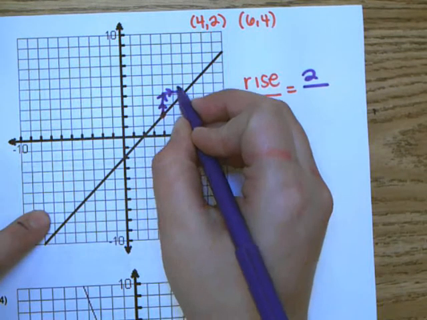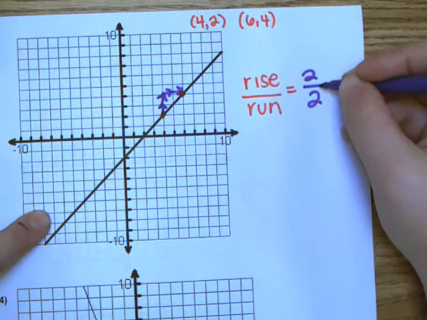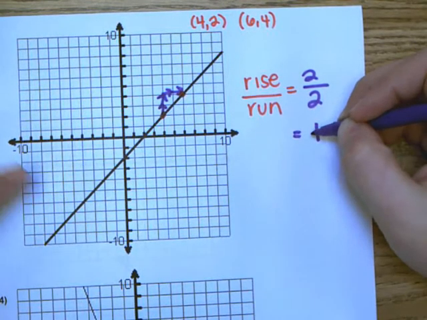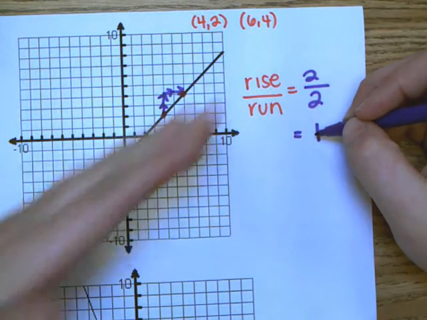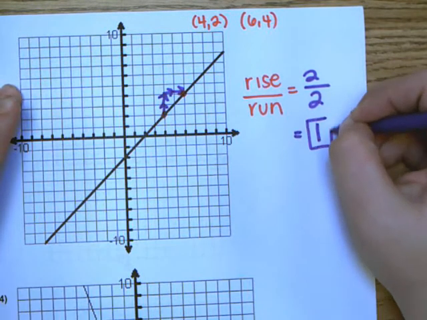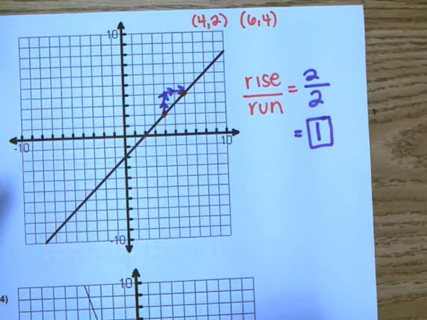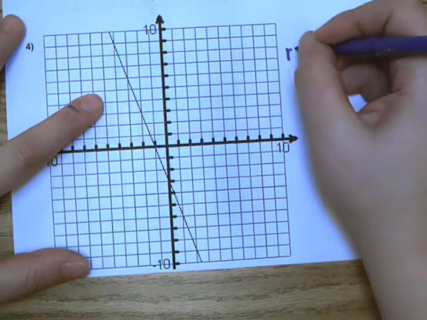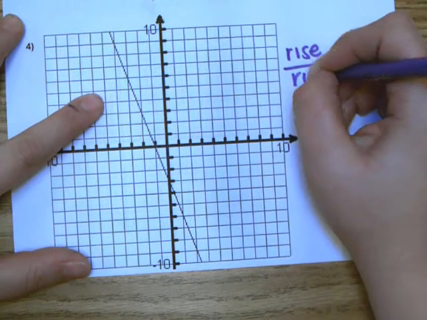And then I'm going to rise 1, 2. And then I need to run 1, 2. And 2 divided by 2 equals 1. Then to tell if the slope is negative or positive, from the left to the right, it's going up. So the slope is positive.